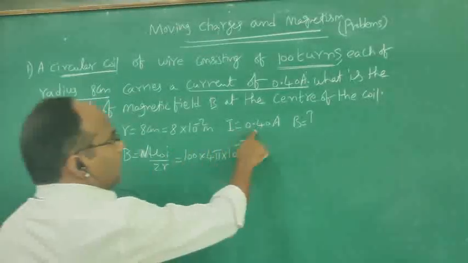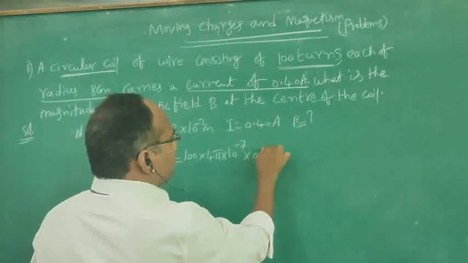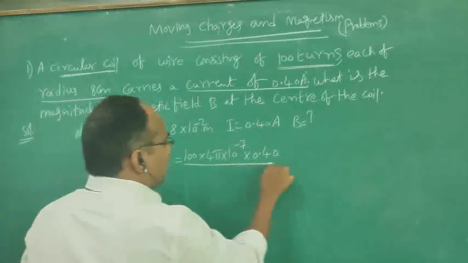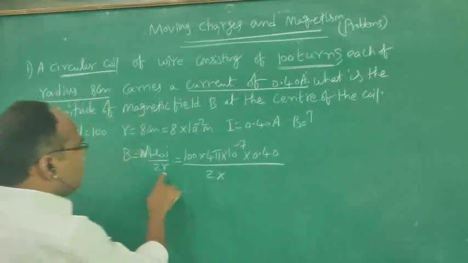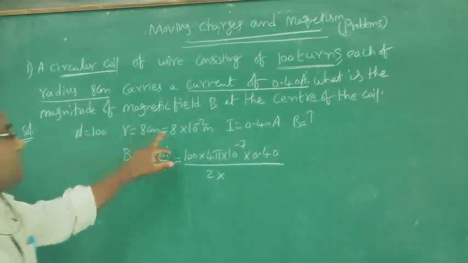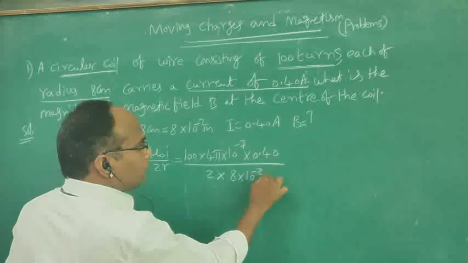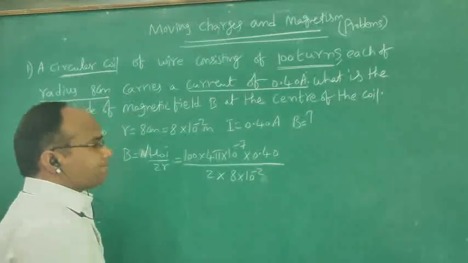Here current I is equal to 0.40 ampere, divided by 2 into R, the radius. The radius of the coil is 8 into 10 to the power of minus 2 meter.